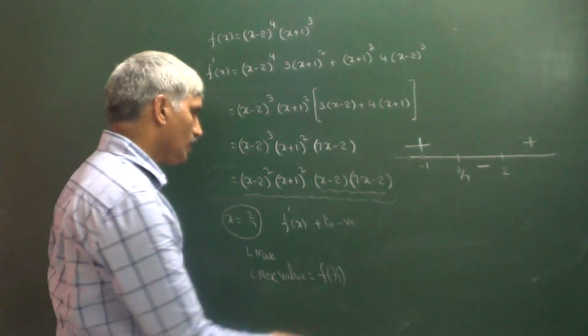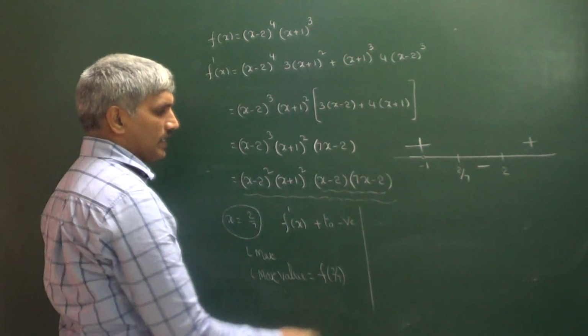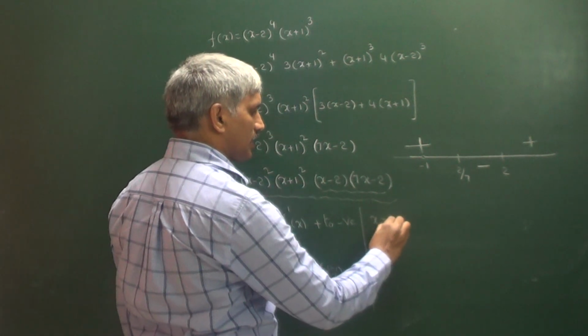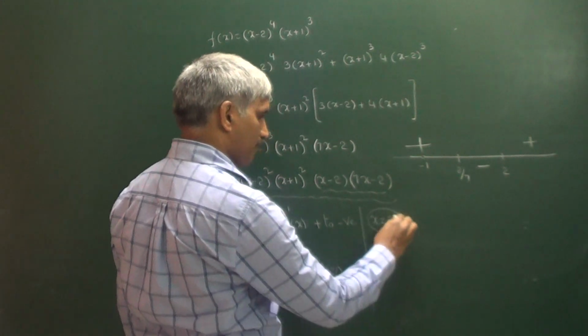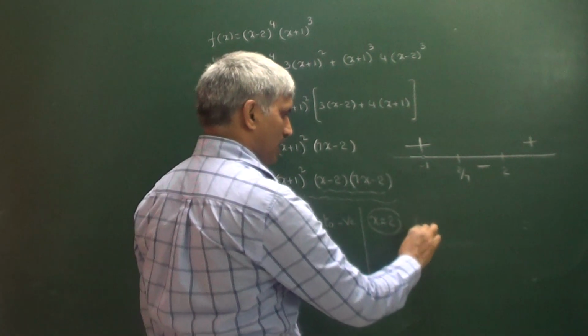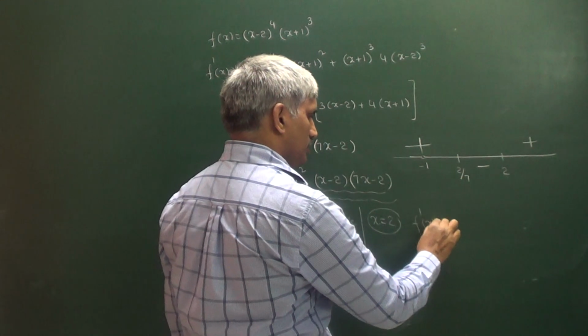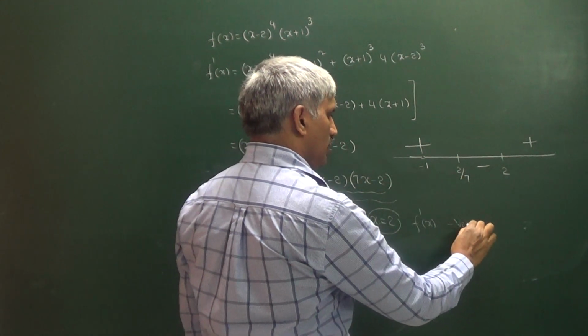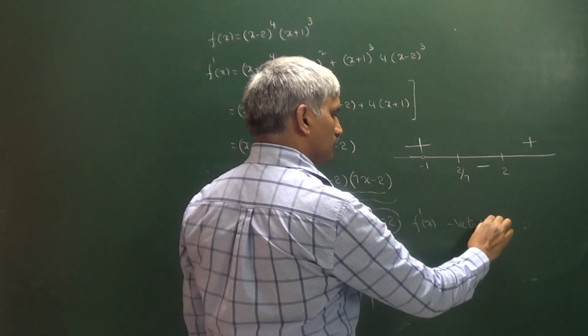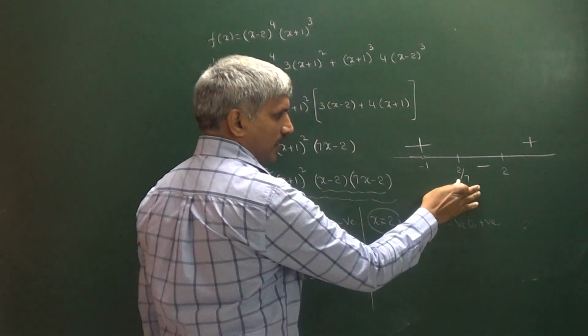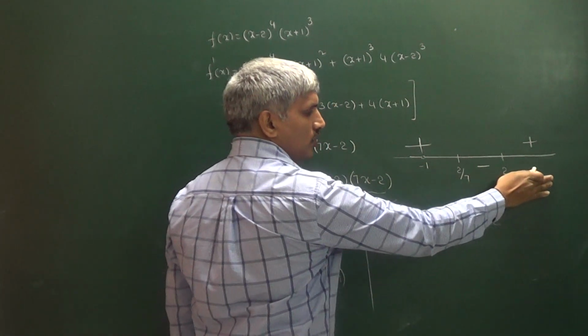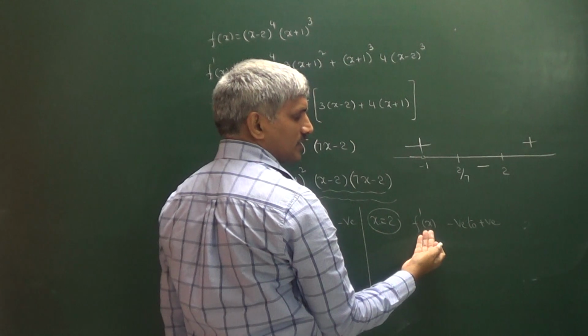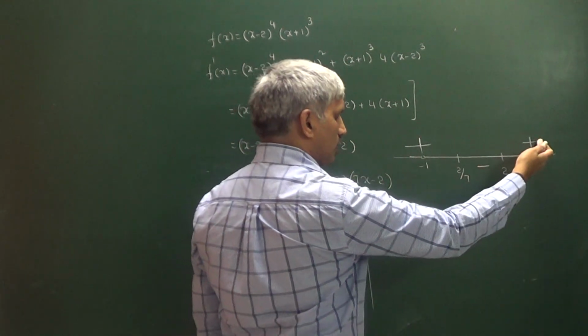Next you can observe, as x values are increasing through 2, f dash of x changes its sign from negative to positive.